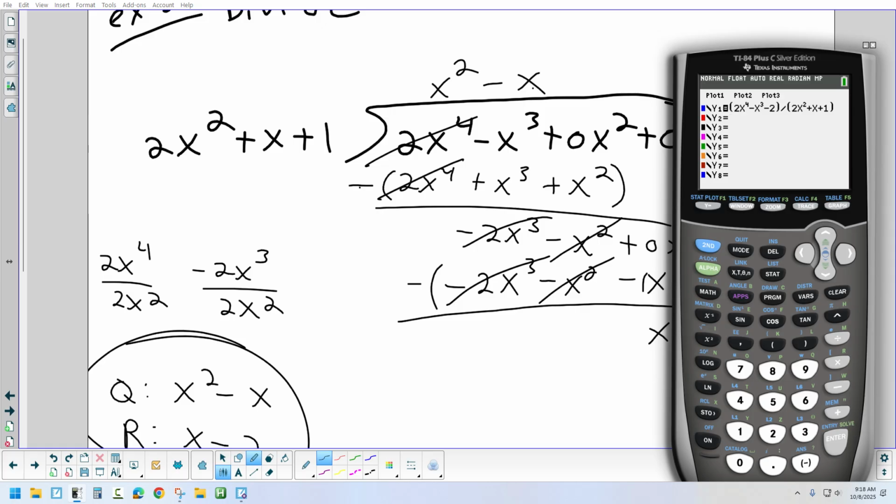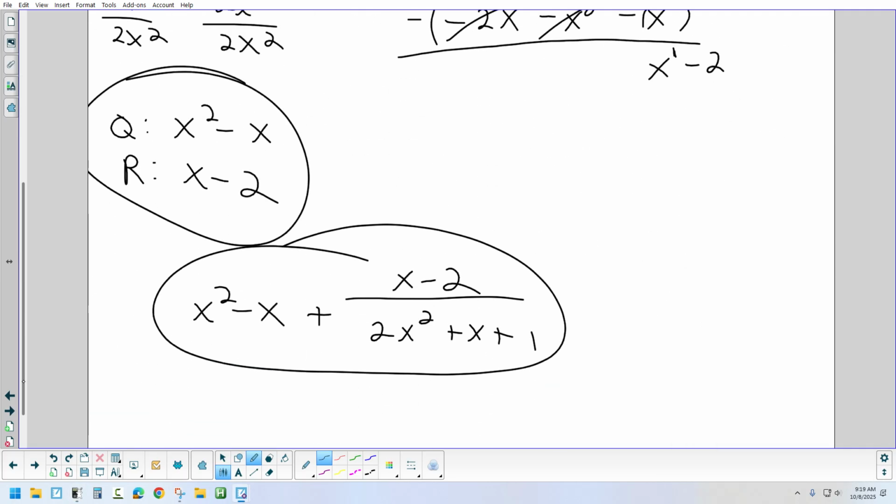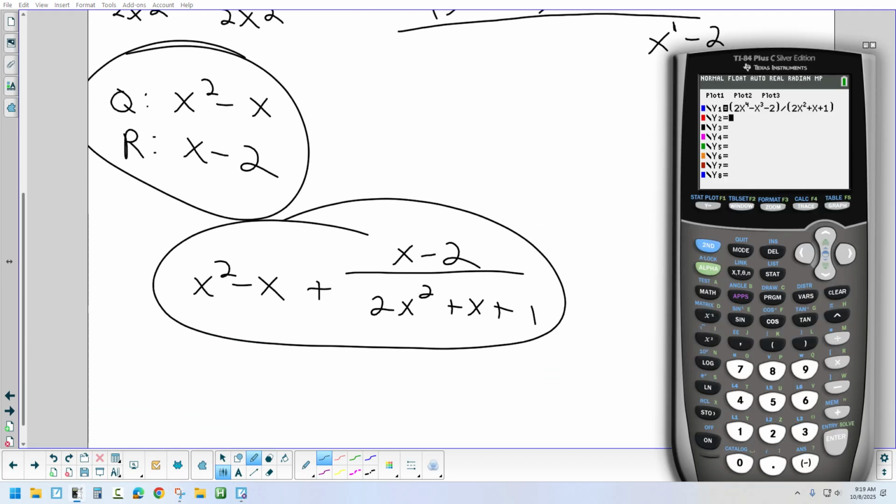Now, below that, I'm going to put my answer. What I just circled. X squared minus x plus, we're going to need parentheses, x minus 2, close the numerator, open for the denominator, 2x squared plus x plus 1, close the denominator, close the entire term.